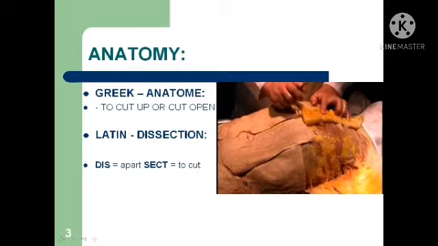In Latin, dissection: dis means apart and sect means to cut. Dissection is not the classification, but it is the procedure by means of which we have an approach toward the study of anatomy.